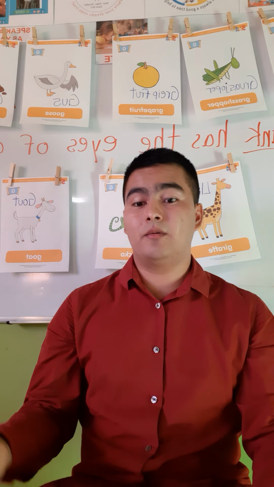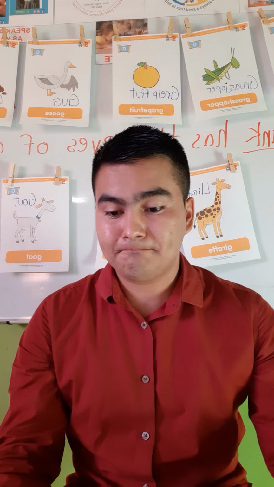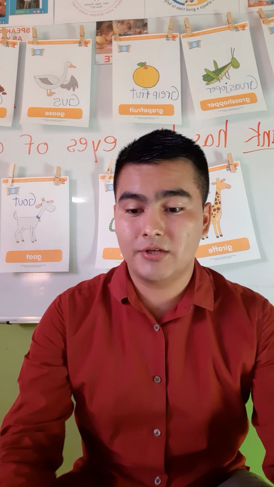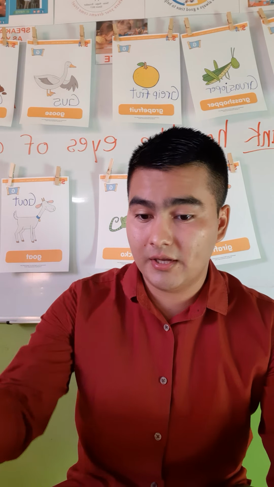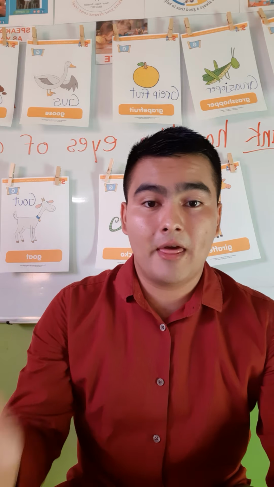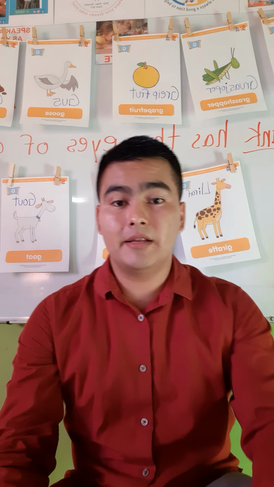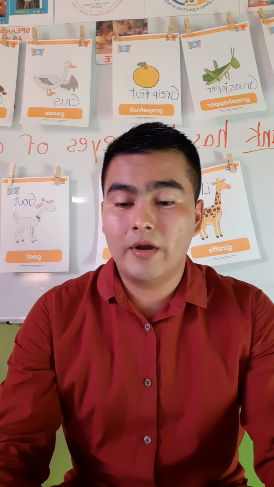Okay, and here I want to mention as well some advantages and disadvantages of each English teaching method. There are different types of methods for teaching English. We are going to start with the direct method.